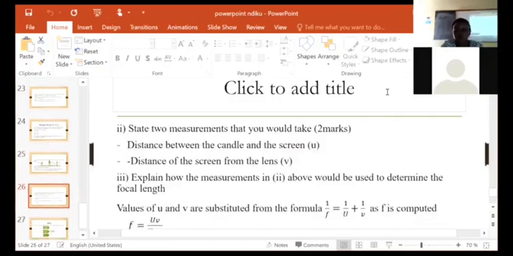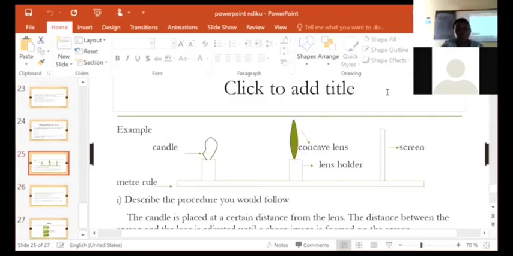Then we have the question whereby we have to describe the procedure you would follow. We have the candle placed at a certain distance from the lens.